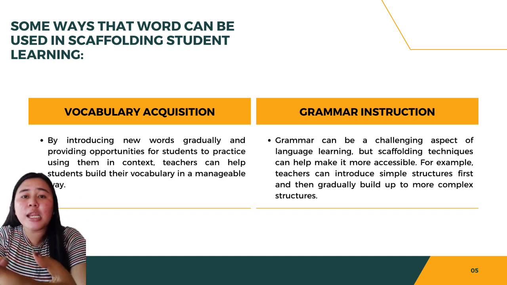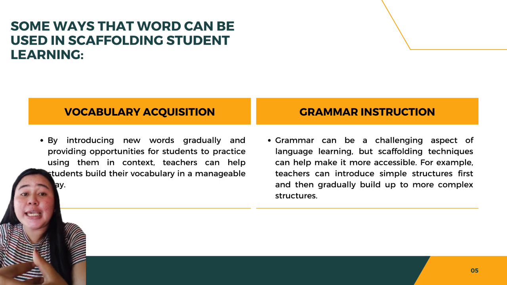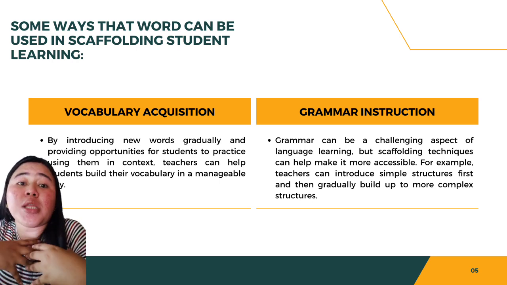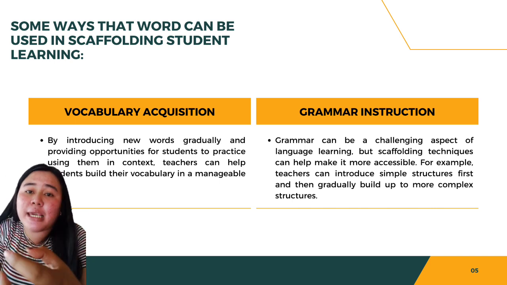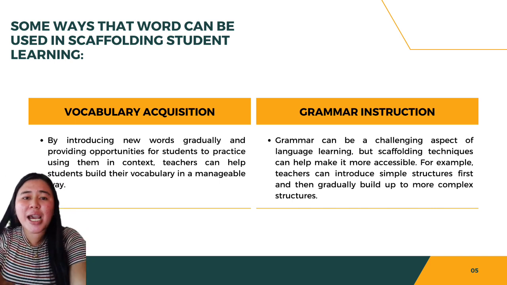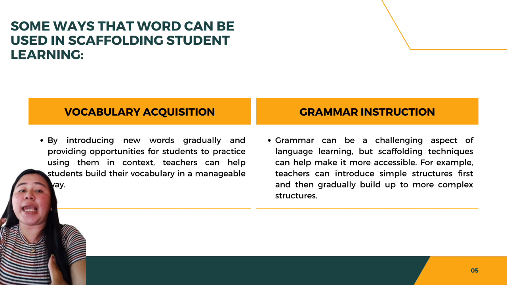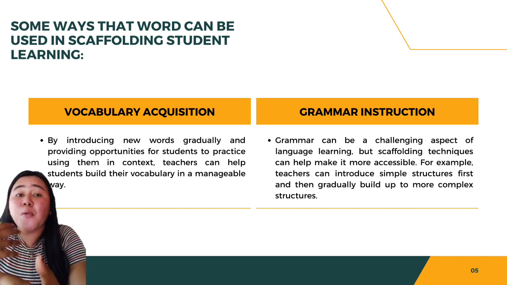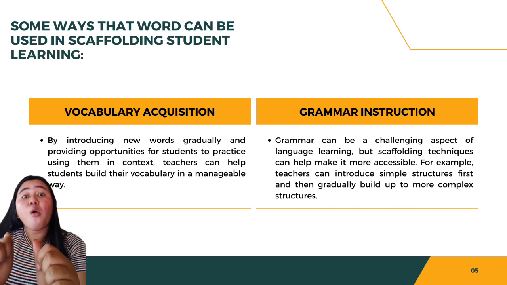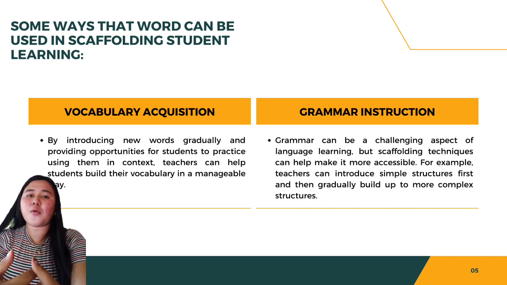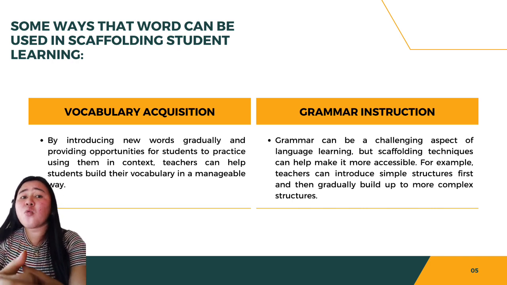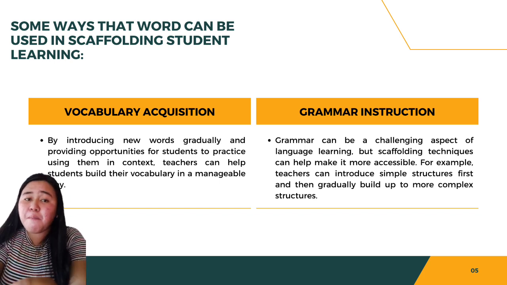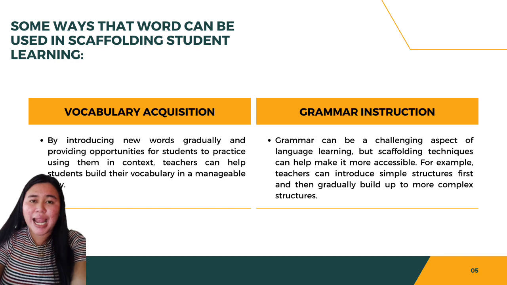Additionally, scaffolding is a technique that can be used to support students in developing their reading, writing, listening, and speaking skills. So in this report, we will explore some of the ways that words can be used in scaffolding student learning, with examples of how it can be effectively implemented in the language classroom.